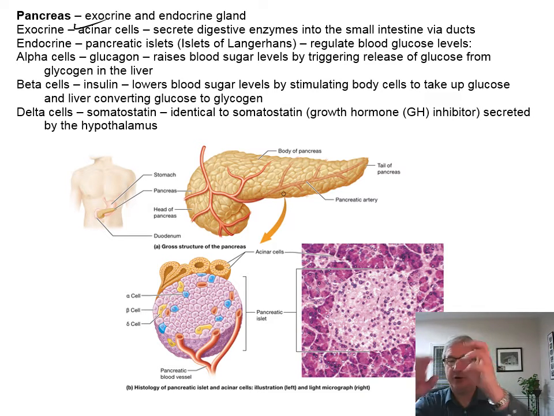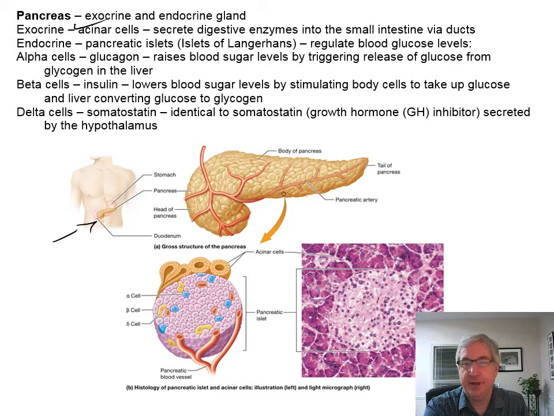So you have all these acinar cells with ducts coming off of them, and they all converge into a duct that goes into the small intestine. Actually, a bile duct from the gallbladder connects to it right before it goes into the small intestine.